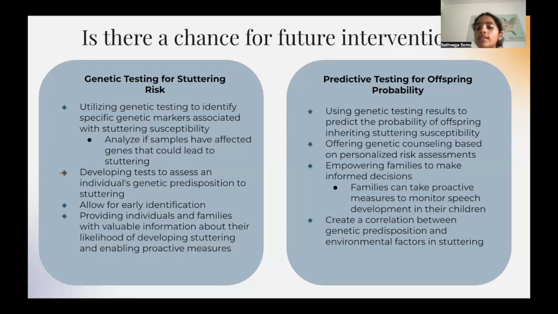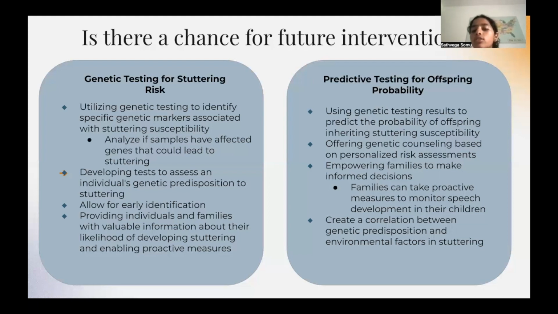Another common way is predictive testing for offspring probability, and this would also use genetic testing results to predict the probability of offspring inheriting stuttering.